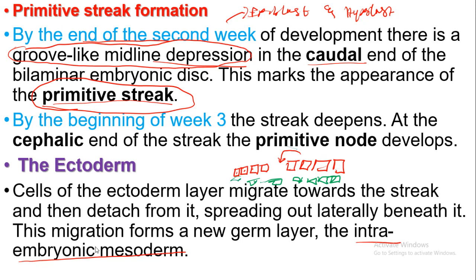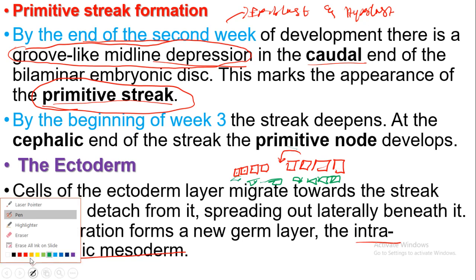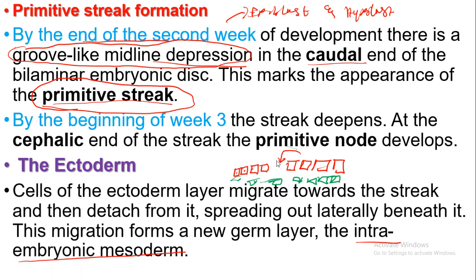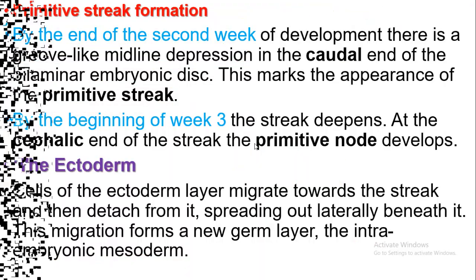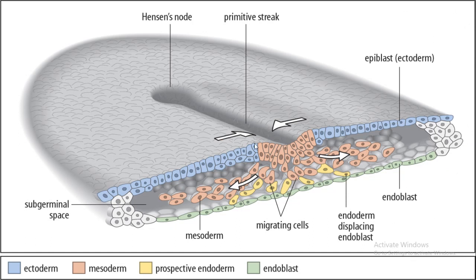So these cells will start moving that side, toward the primitive streak. Remember, there is a primitive streak which is a groove-like structure. So when the cells of the ectoderm start moving like that, they will lead to the formation of another layer in between the ectoderm and the endoderm. This layer is known as the intra-embryonic mesoderm.